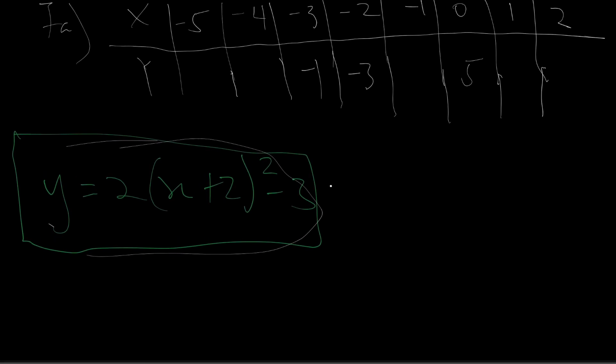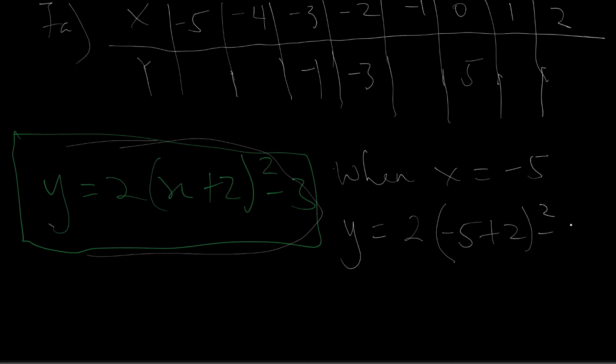So for the first value of x, which is negative 5, when x is equal to negative 5, our y then becomes 2 into brackets negative 5 plus 2 all squared minus 3. This should give us y to be 15.